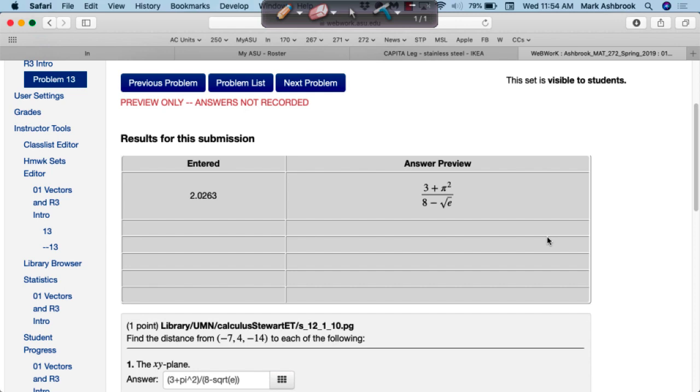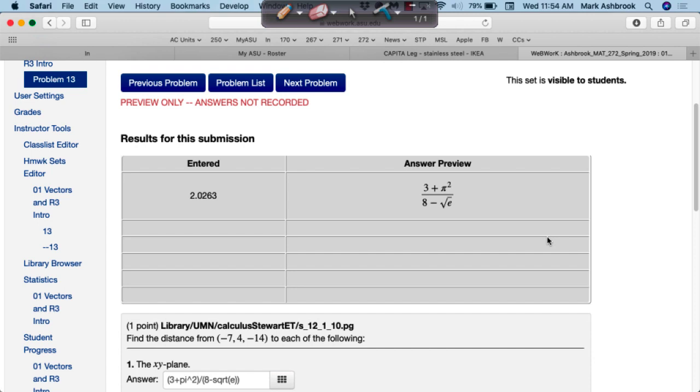If you do it this way, you're entering an exact result, and you never have to worry about how many decimal places it's asking for. If your expression is correct, you'll always get it correct. You would never be off by some decimal approximation. Does that make sense? A really helpful tip.